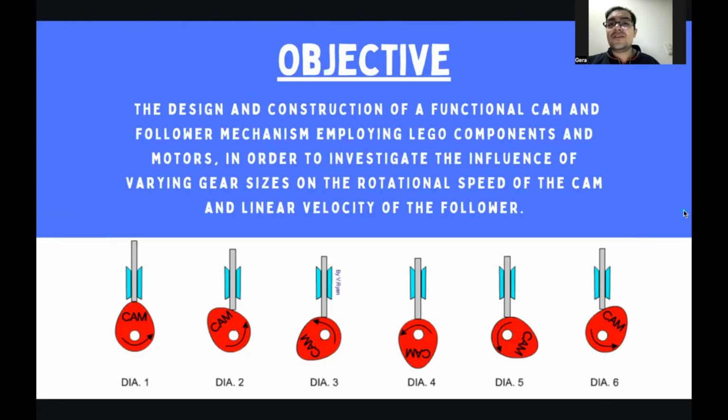mechanism. The objective for this project was to design and construct a functional cam and follower mechanism employing Lego components and motors in order to investigate the influence of varying the gear size on the rotational speed of the cam and the linear velocity of the follower.